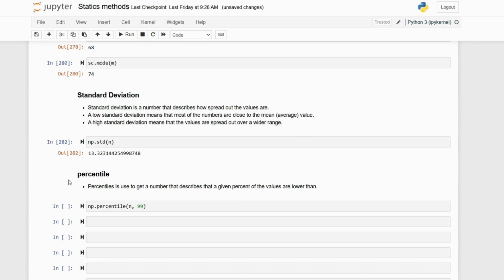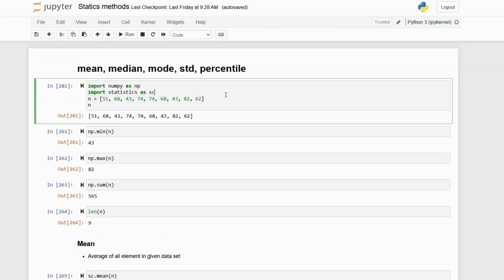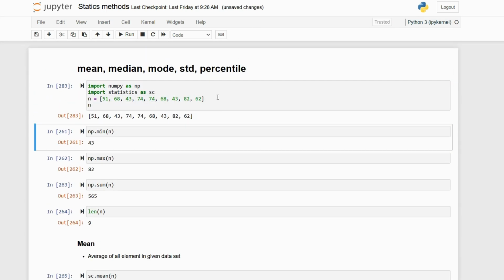Now the last is percentile. Percentile is used to get a number that describes that a given percentage of the values are lower. Again I'm using the same data set, and let's consider these are the marks of some random students.